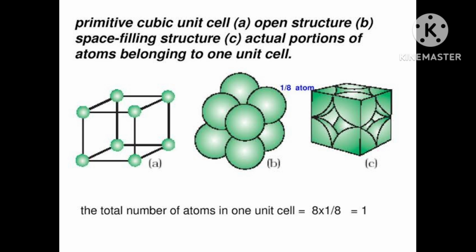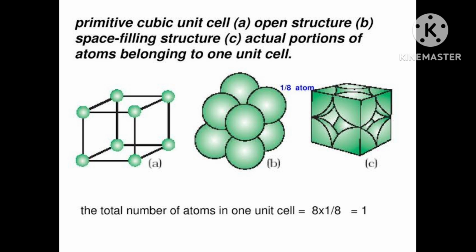Now any one atom you consider, only one atom at one corner, that atom is common with 8 adjacent unit cells. Only one atom you consider, not 8 atoms, and this atom is sharing with 8 unit cells.